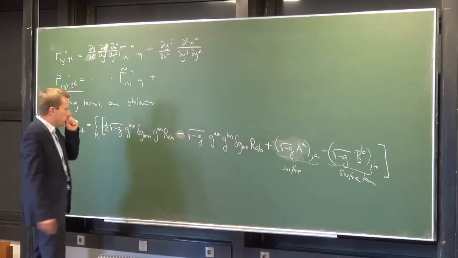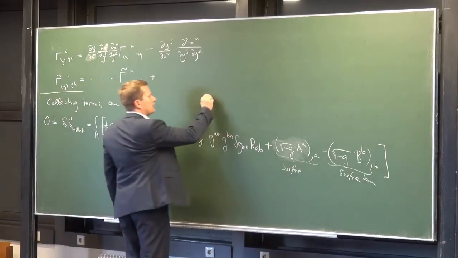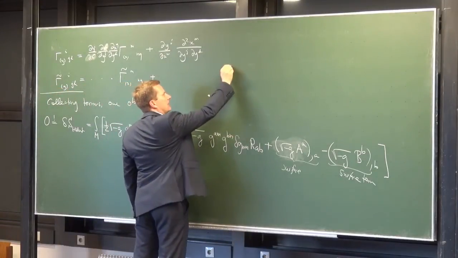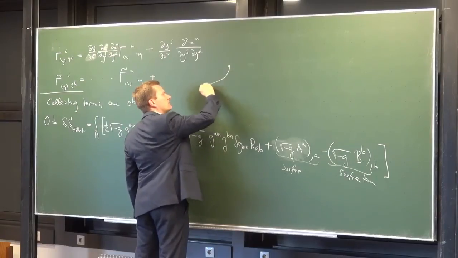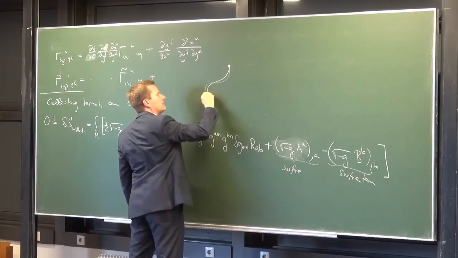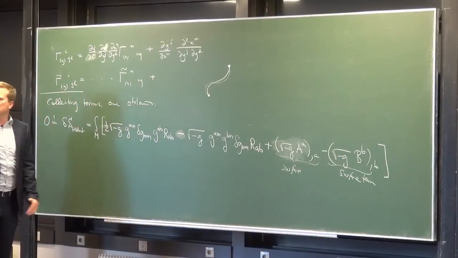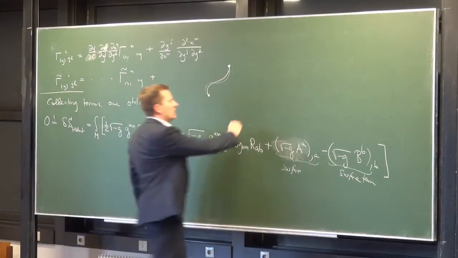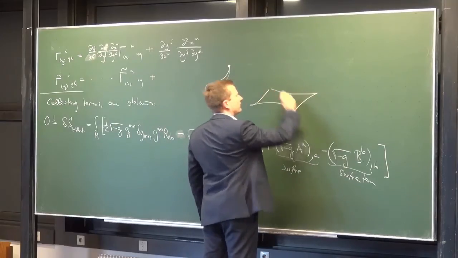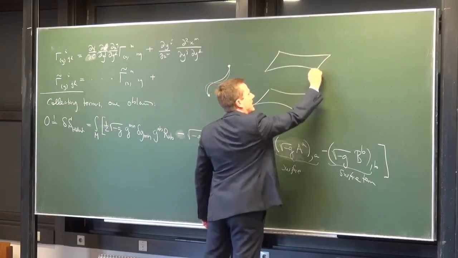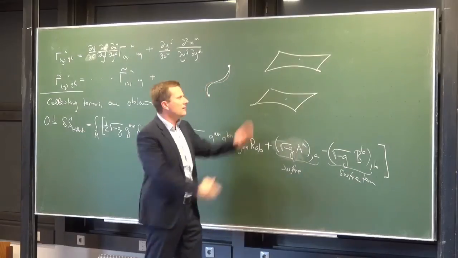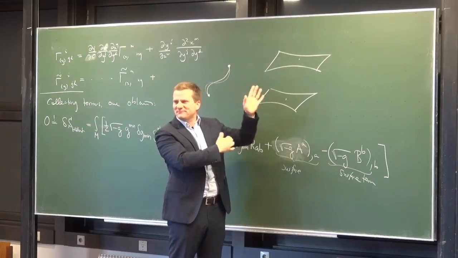Well, you see, in point particle mechanics, you fix two endpoints, and then you do this variation, and you take care that at the endpoints things are fixed. If you want to do this field theory calculation properly, you have to fix an initial surface and a final surface, and you need to fix the fields there and vary them in between.